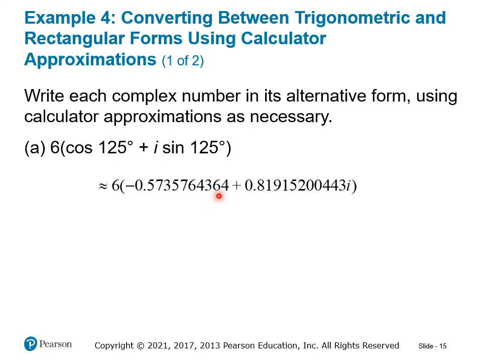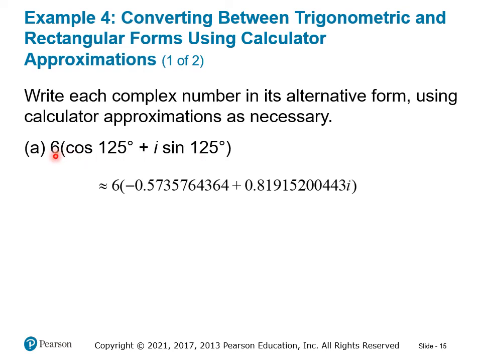If we were looking at an angle of 30, 45, or 60, or their reference angles, then we would use the actual measures from the unit circle. But here, since we're in quadrant 2, and the reference angle is 55 degrees, we don't have a standard measure for the trig functions, sine, cosine, etc. So we use our calculator here.